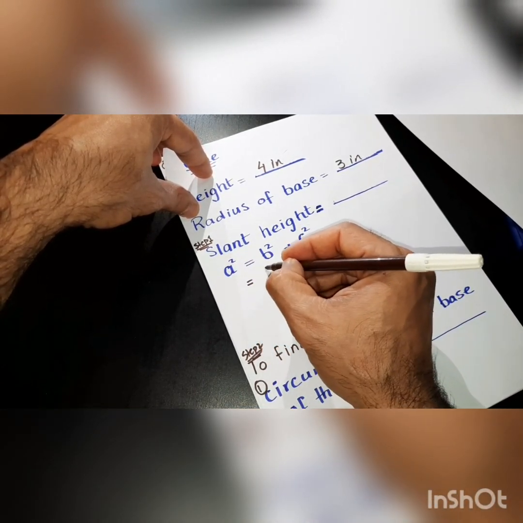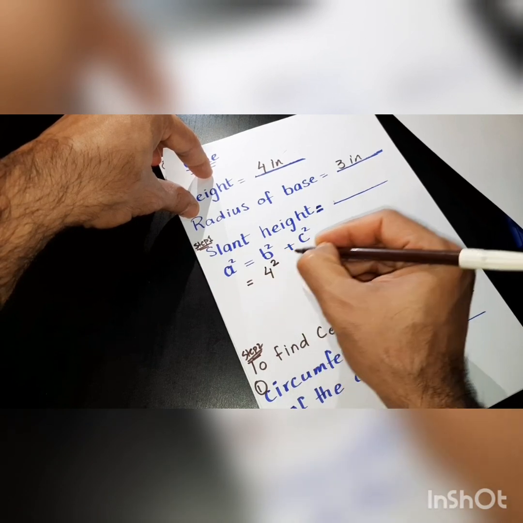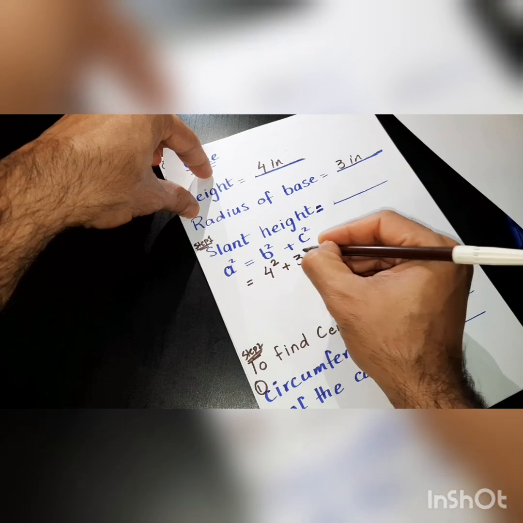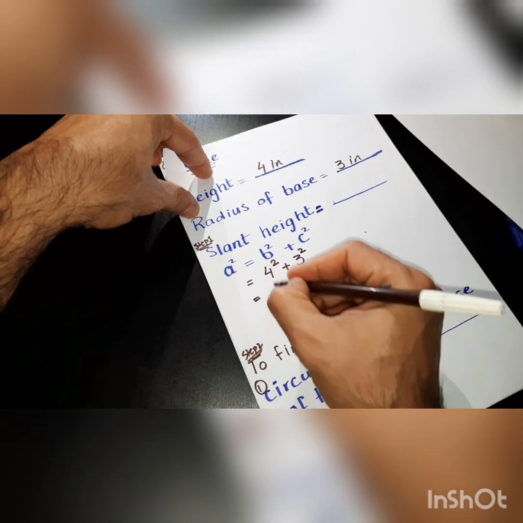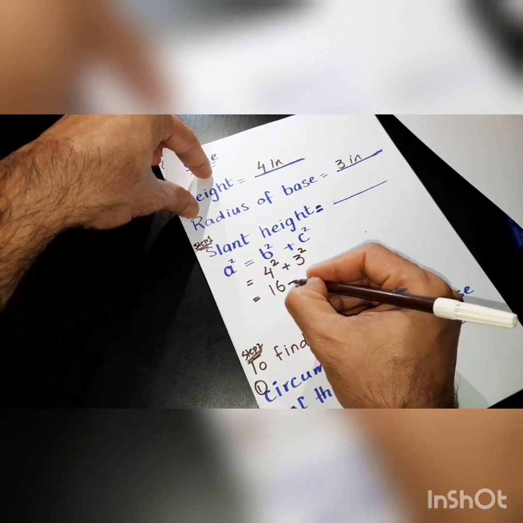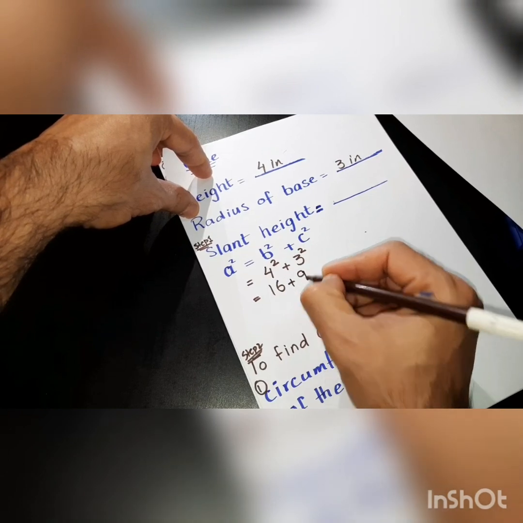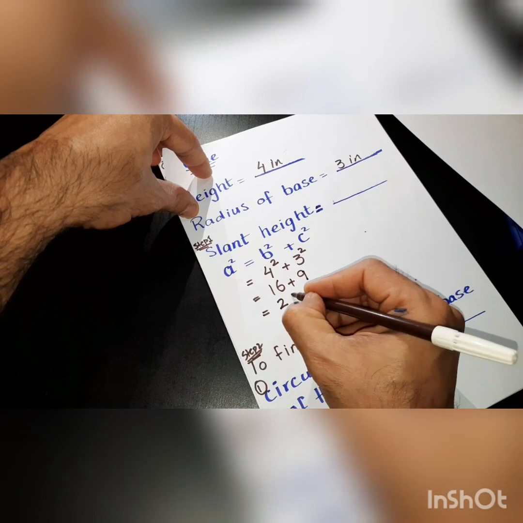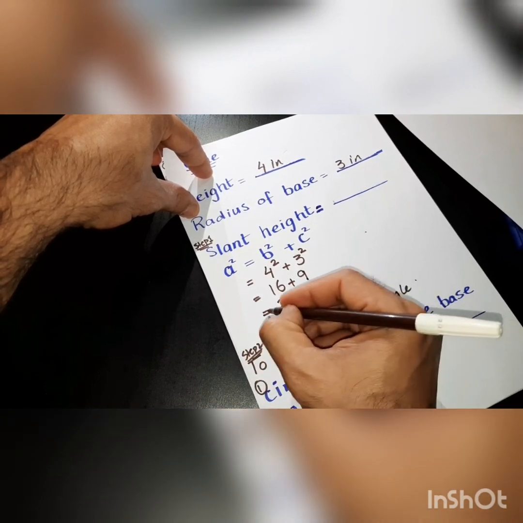B is 4 squared, C is 3 squared. Let's substitute them. 4 squared is 16 plus 9, and that is going to be equal to 25.